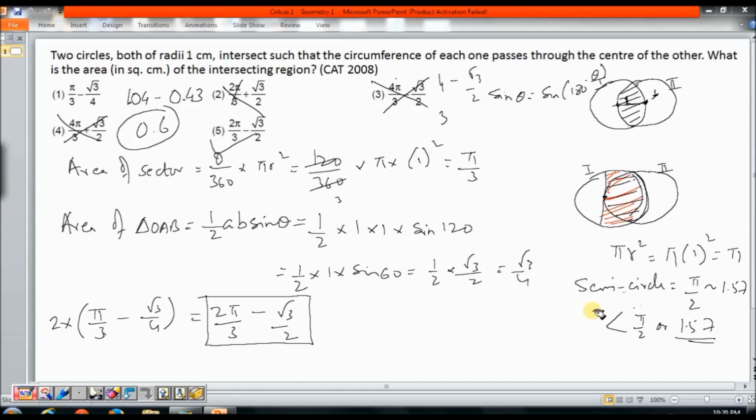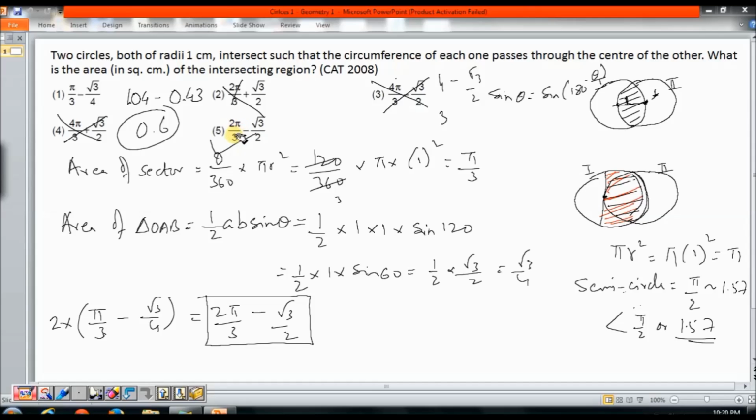I am looking for a value which is less than 1.57. 0.6 is less than 1.57, but it is too less. 0.6 seems too less. Okay. And if I look at option number 5, option number 5 tells me 2 pi by 3.